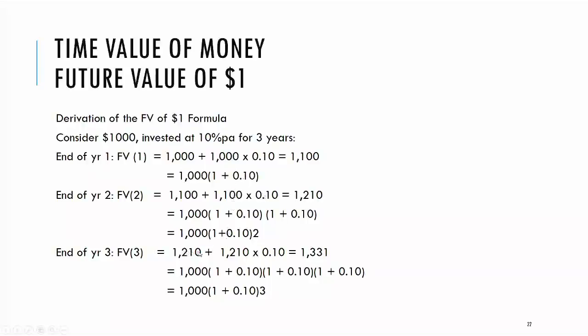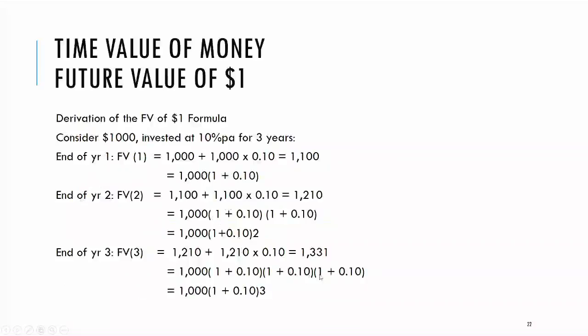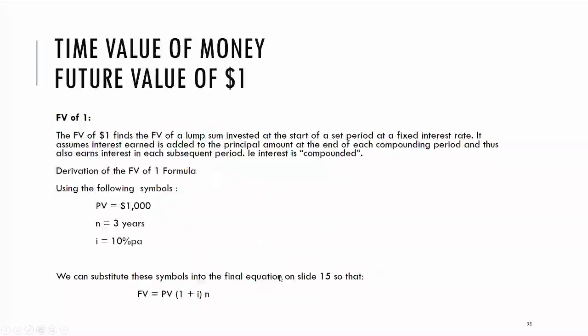And the third year, interest on principal plus accumulated interest. So the formula comes from the initial principal amount, $1,000, and then interest. Simply, the future value of $1 formula is present value multiplied by (1 + i) to the power n.